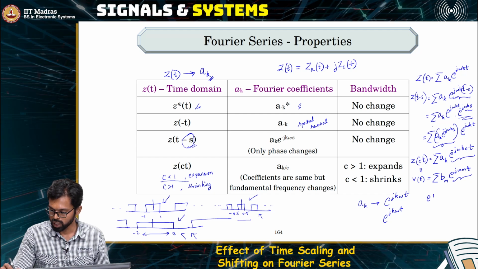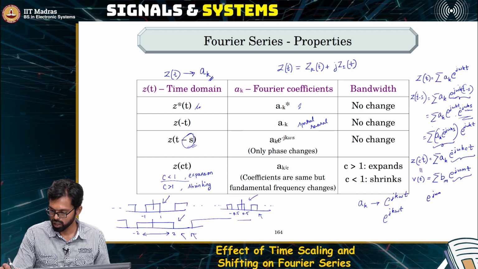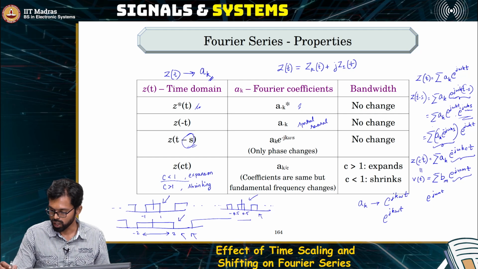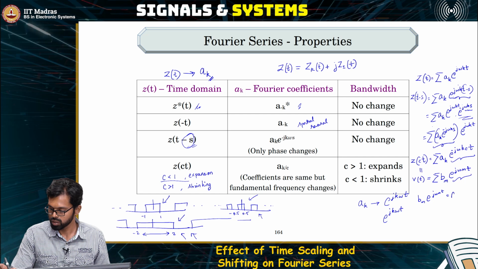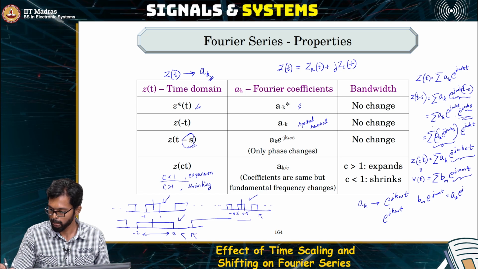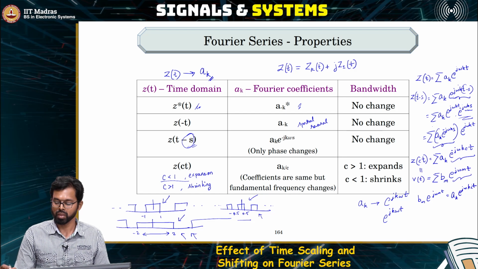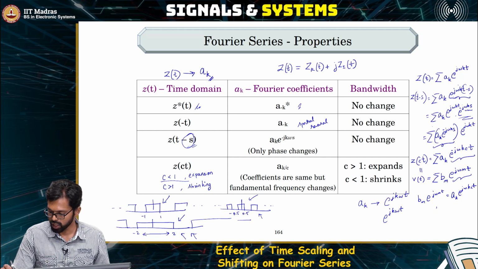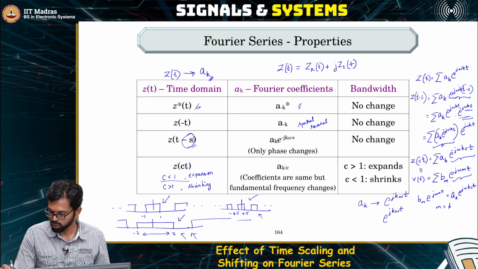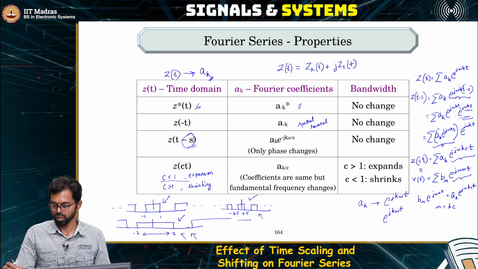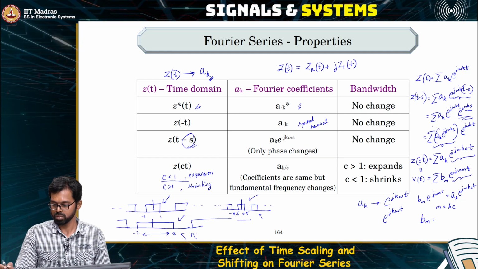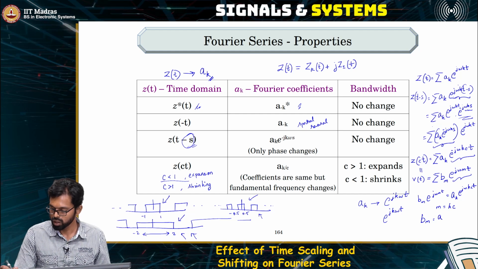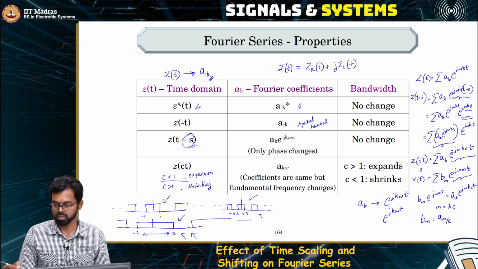So, e^(jωt) should have the same coefficient, which means that b_m is equal to a_m by c.